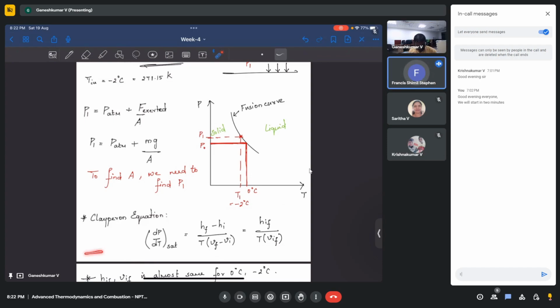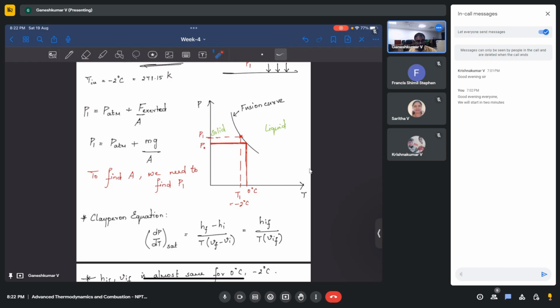So this Clapeyron's equation will be used along the fusion curve, and also during the isenthalpic process, the throttling, we will be using Clapeyron's equation again. You will study that in upcoming classes on throttling.